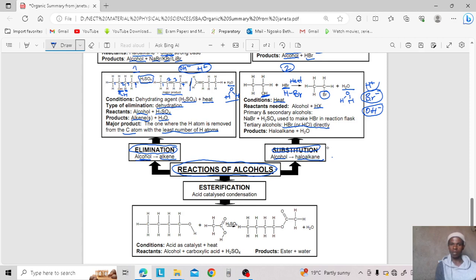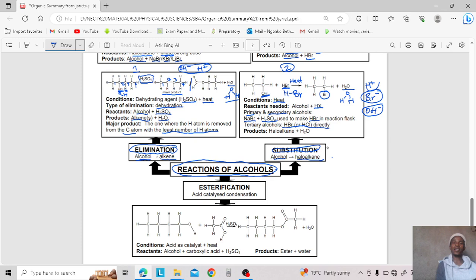Then for primary and secondary alcohol, we react NaBr with H2SO4 to make HBr in the reaction flask. This H2SO4 can also be there as a catalyst.